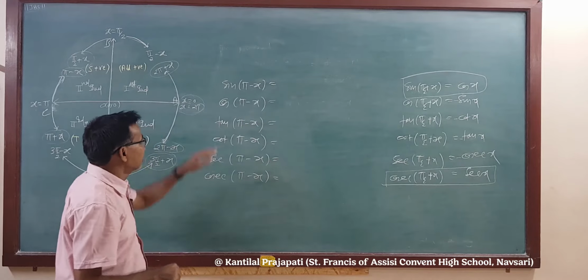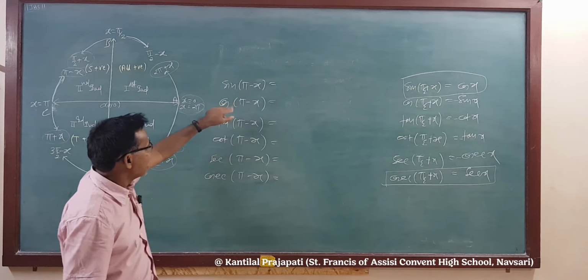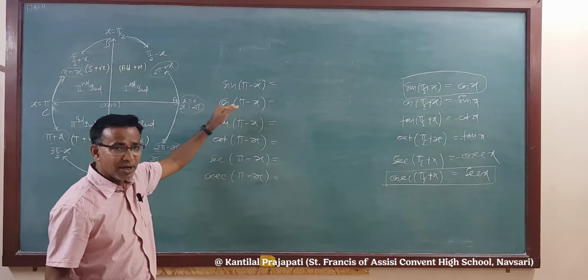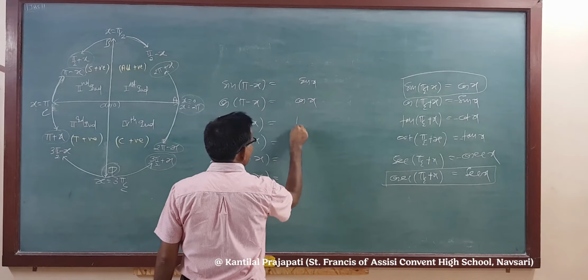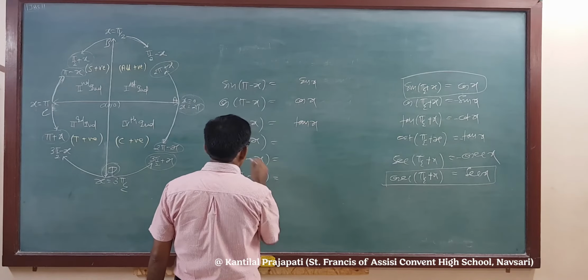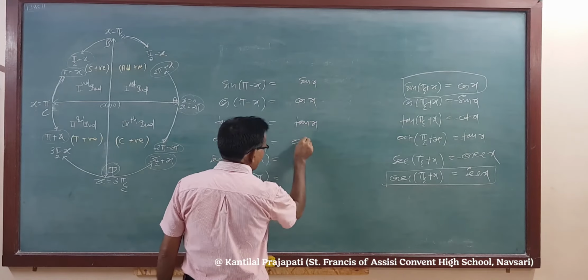So see here, I already told that at pi the function remains the same. So we write here sin x, cos x, the function is not changed. Remember this: tan x, cot x, then sec x and cosec x.